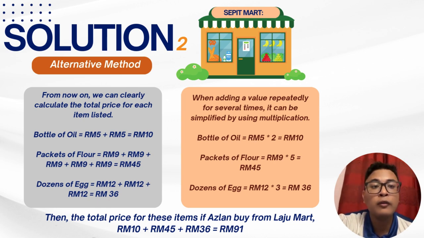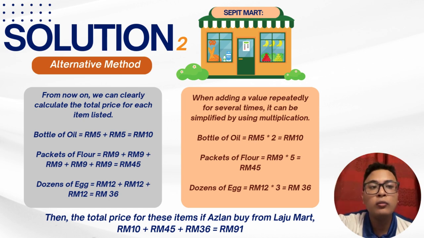So it's easy for us to calculate the total cost. For the bottle of oil we have 2, and each bottle is labeled 5, so 5 plus 5 equals 10 ringgit. The packet of flour, 9 plus 9 plus 9 plus 9 plus 9 equals 45, and the dozen of eggs is 12 plus 12 plus 12 equals 36.